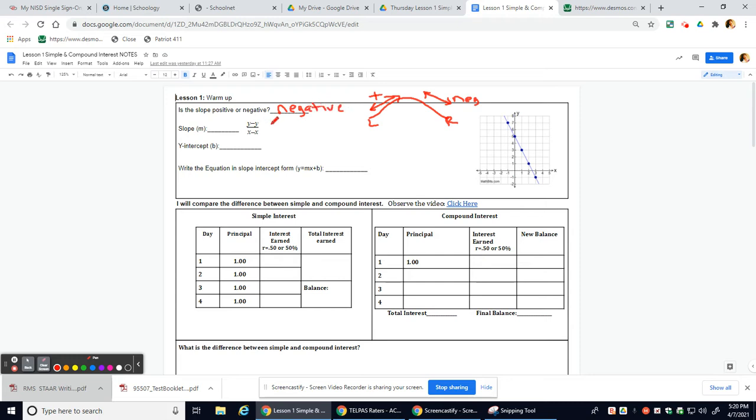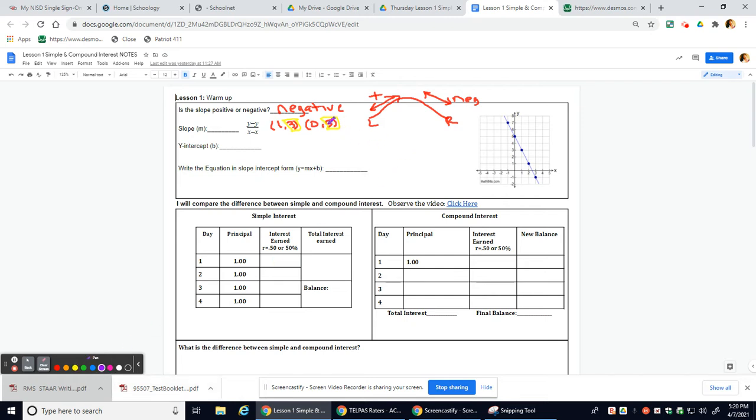Remember, it's change in y over change in x. So choose 2 points. I'm going to go ahead and choose the point 1, 3 and 0, 5. So if I look at the following, remember my 5s and my 3 are my y coordinates.